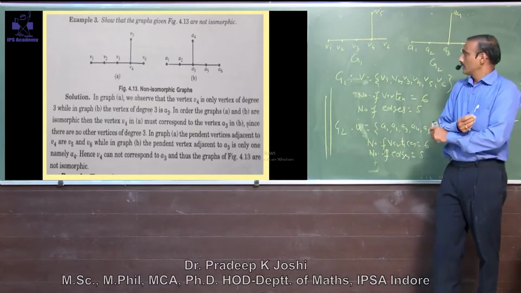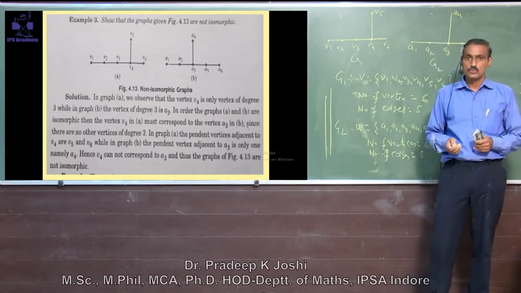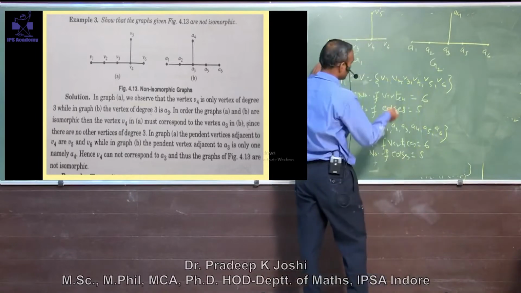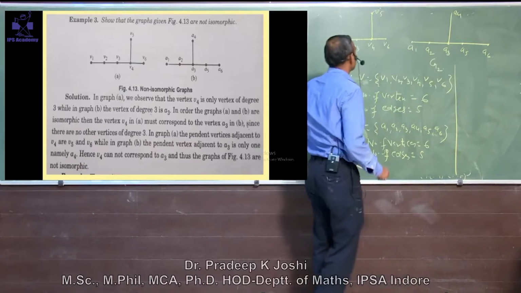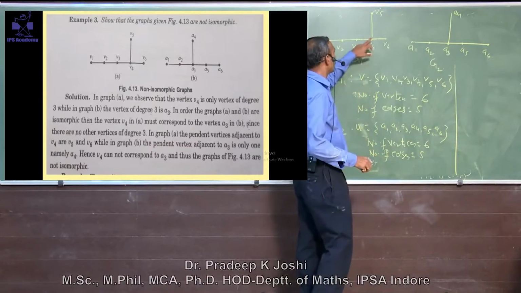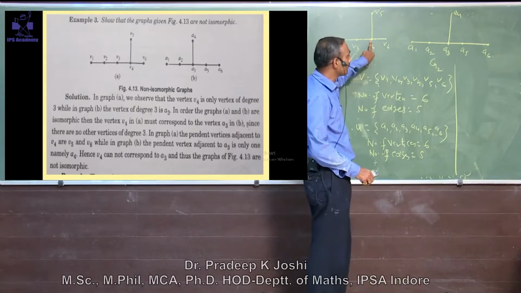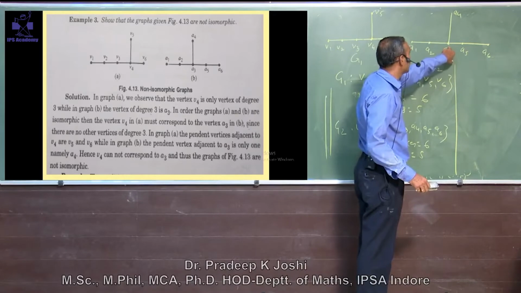Now we have to find the corresponding vertices of G1 and G2. Only the vertex V4 has degree 3 in this graph, and in the other graph the vertex A3 has degree 3.